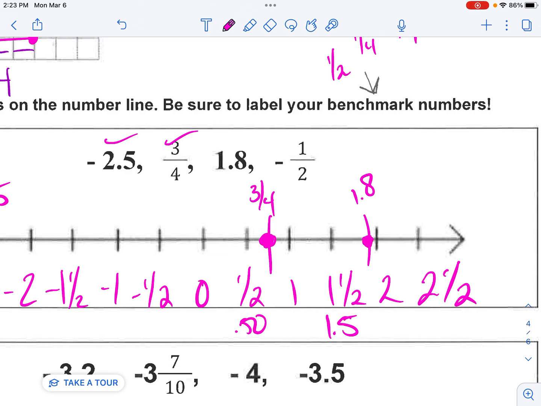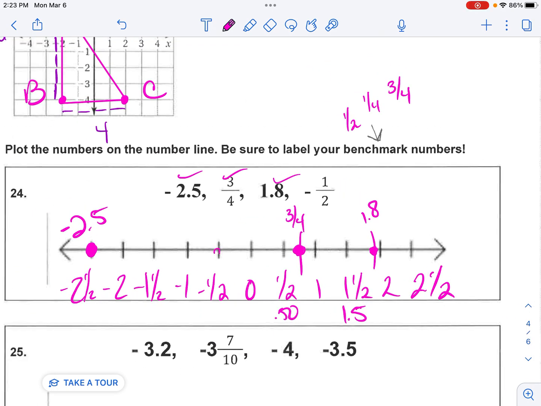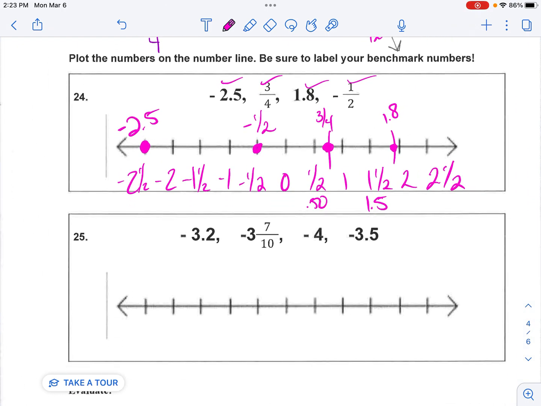Put a tick mark, big dark circle, label it 1.8. And negative 1/2, we have that one on the line as well. Circle, and negative 1/2, labeling it. Okay, so you are making your number line very detailed.